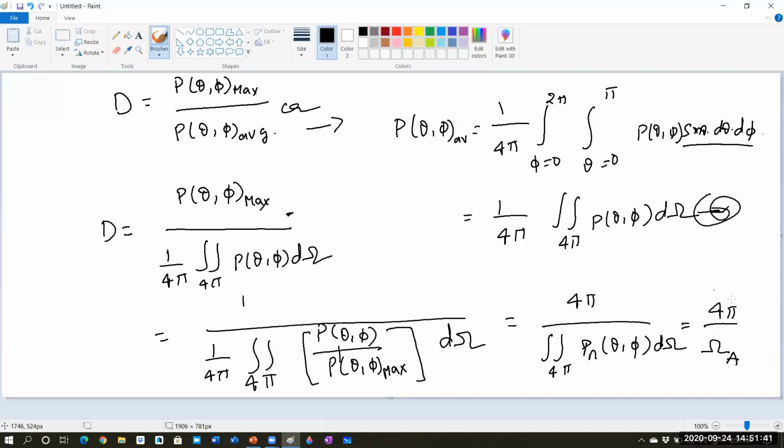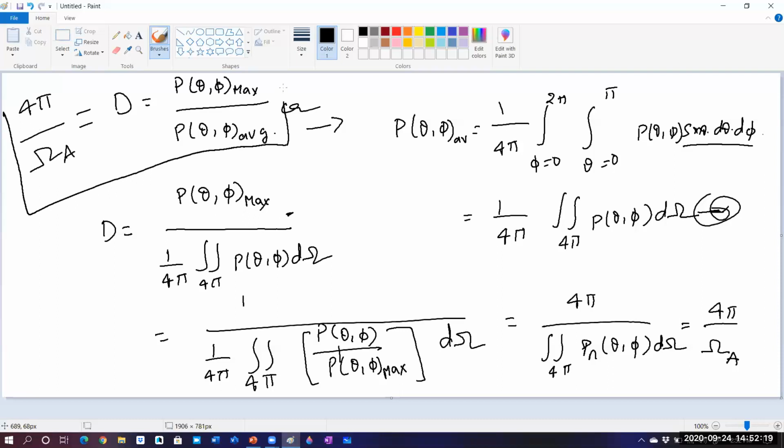Suppose you know the total beam area omega A, then automatically you can find directivity also, with the formula D equal to 4 pi by omega A. So 4 pi by beam area is directivity, or power max to the power average is also directivity.